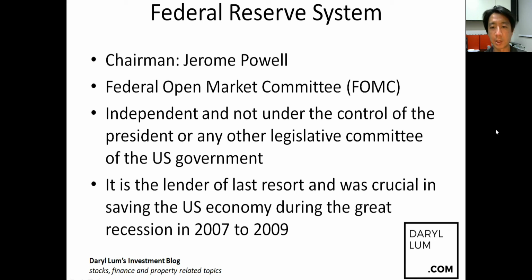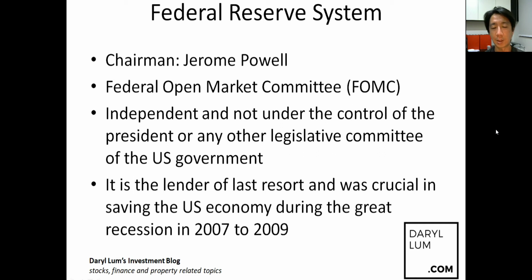A lot of people were losing their jobs, and companies were going under. Even AIG and Bear Stearns, all these companies were going under.